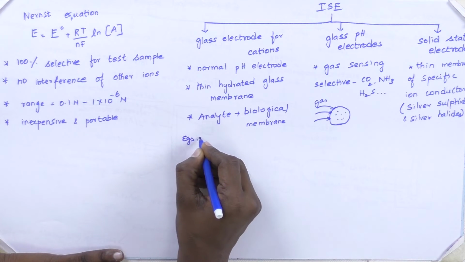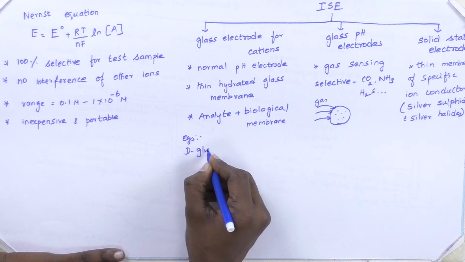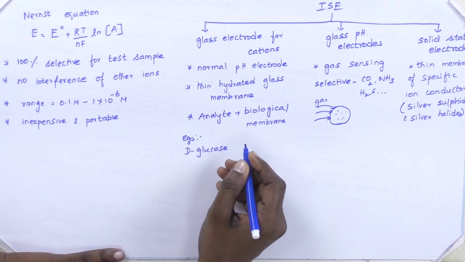Here I will explain the sensing of glass electrode for cation with specific examples. Suppose the given solution contains glucose, that is dextrorotatory glucose, D-glucose.